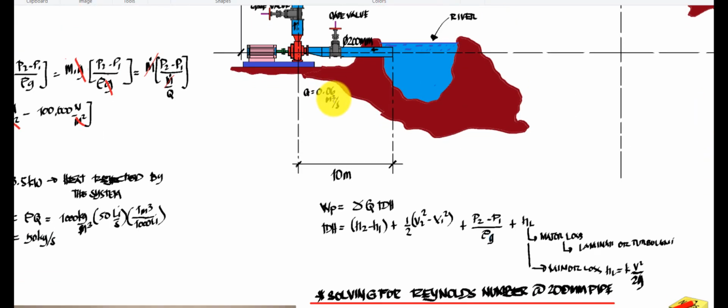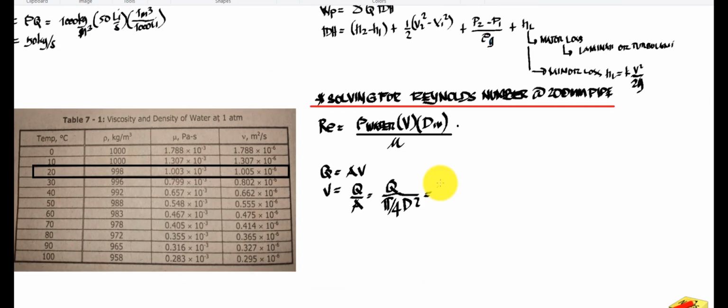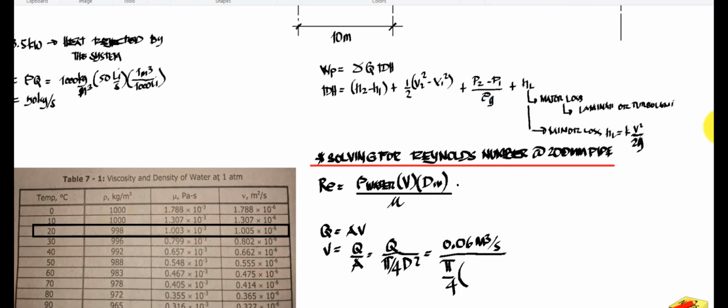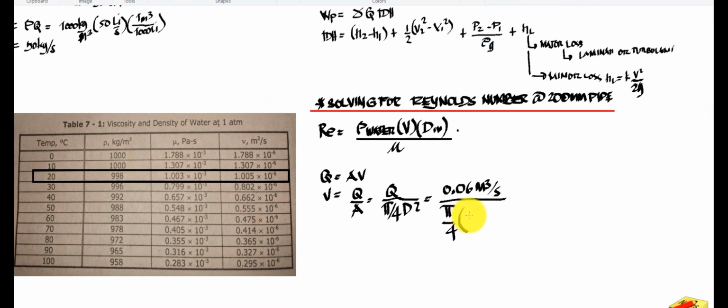Looking at the problem, we have 0.06 cubic meter per second divided by pi over 4 times the diameter of the pipe, 200 mm, which converted into meters is 0.2 meter squared. So the value of velocity is 1.91 meter per second.